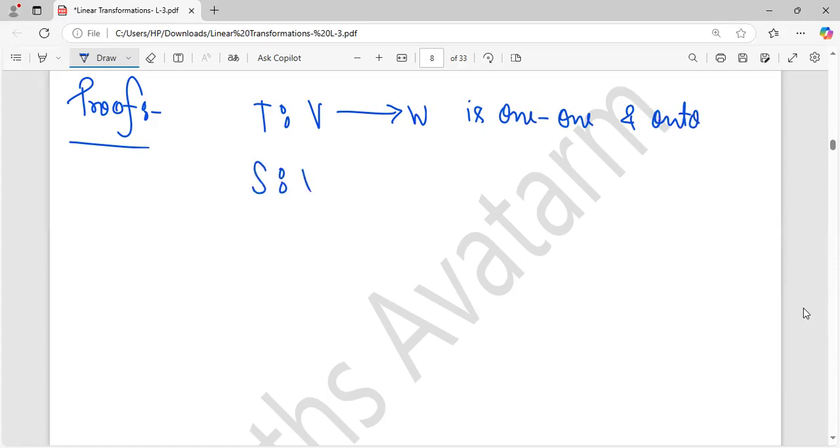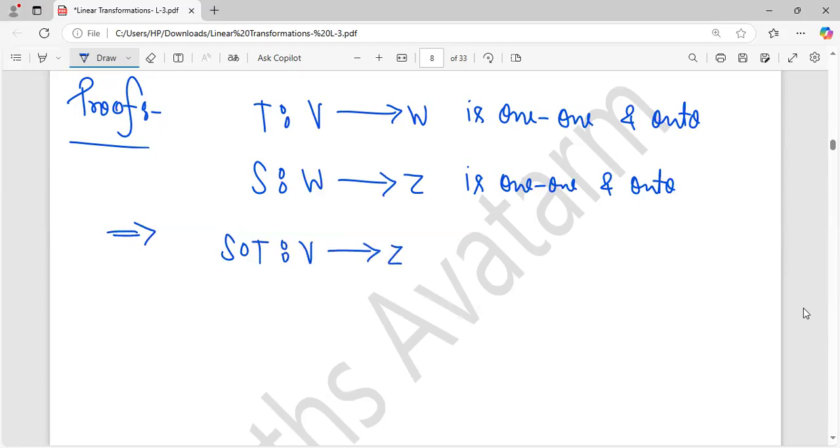S from W to Z is 1-1 and onto. So this implies S composed T from V to Z is 1-1 and onto.